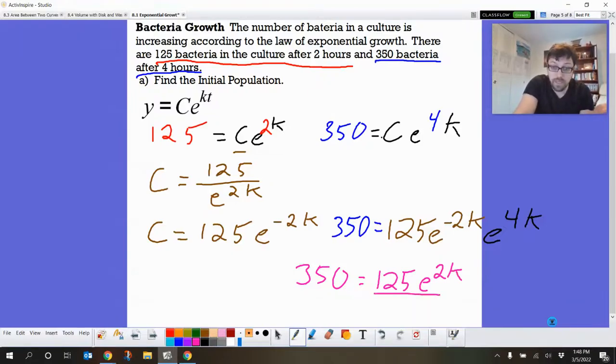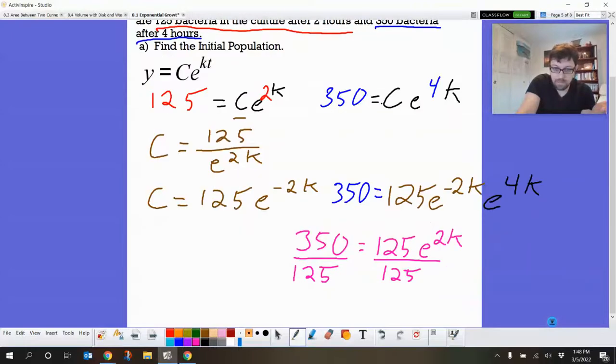So divide both sides by 125. 350 divided by 125, I've got it over in my little notes, you can simplify that to 14 fifths equals e to the 2k.